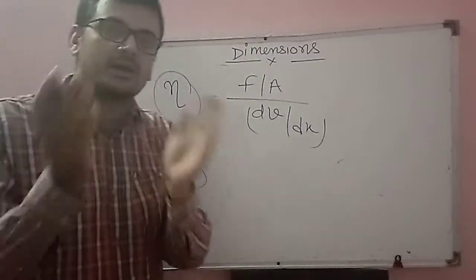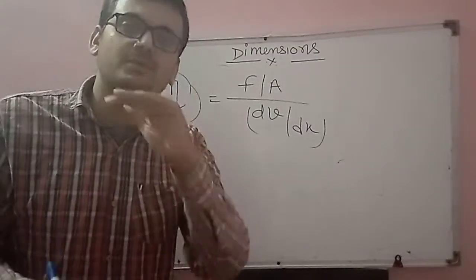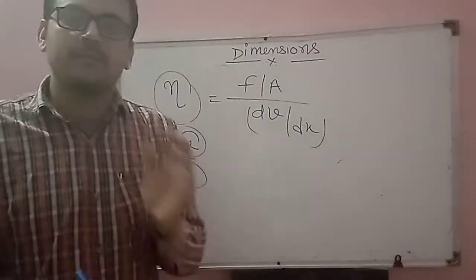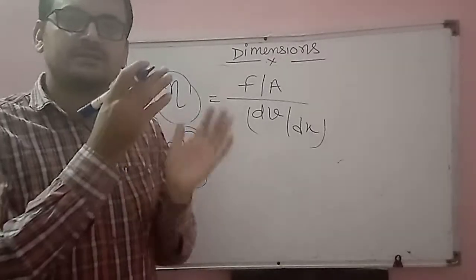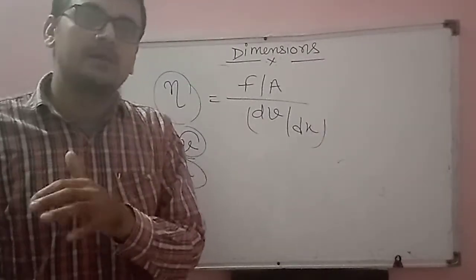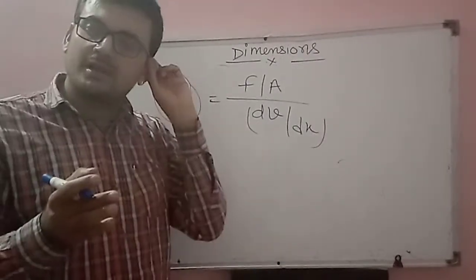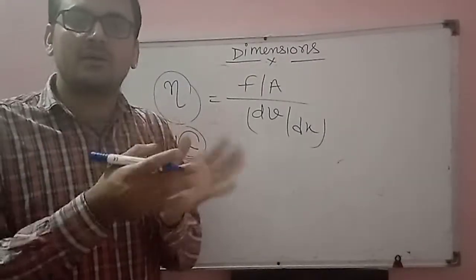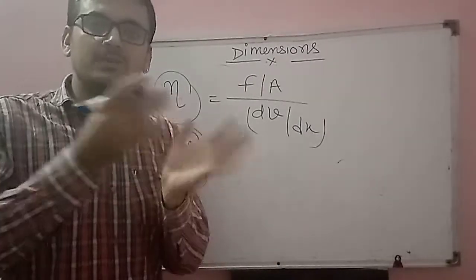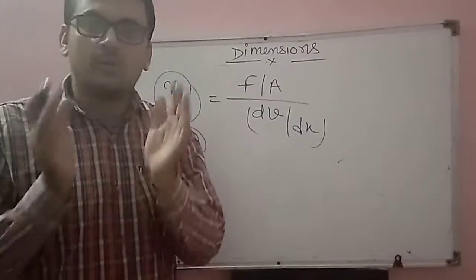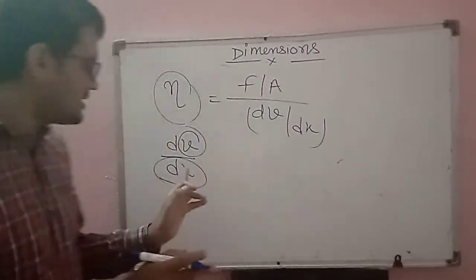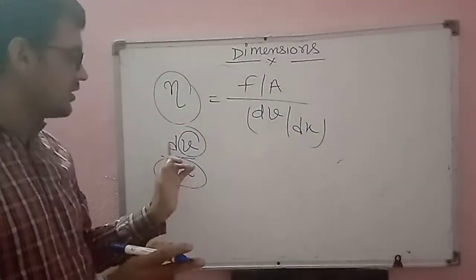Whenever any physical quantity changes with respect to distance, that is called gradient. Temperature gradient means change in temperature with respect to distance. Similarly, potential gradient E equal to dV over dx, change in potential with respect to distance.